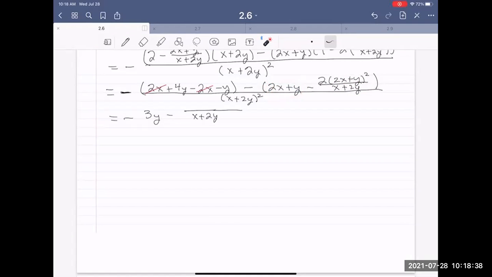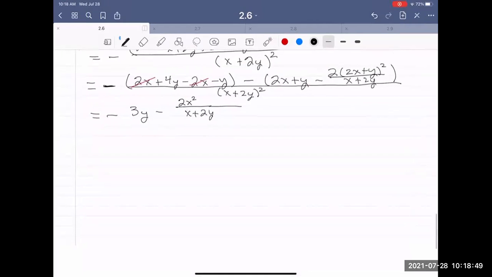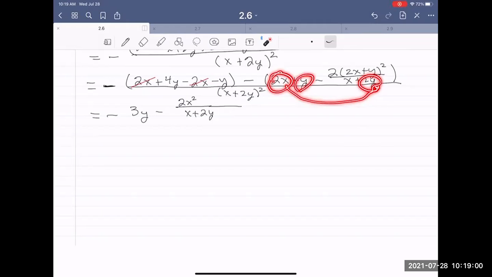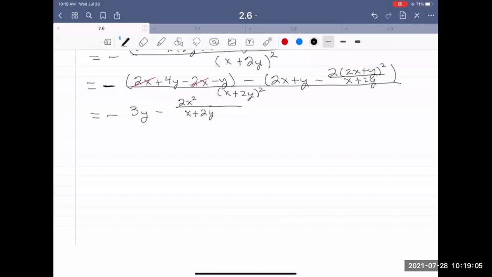And so I get 2x squared, 2x times 2y is 4xy plus another xy. So that's plus 5xy. And then lastly, y times 2y is plus 2y squared.